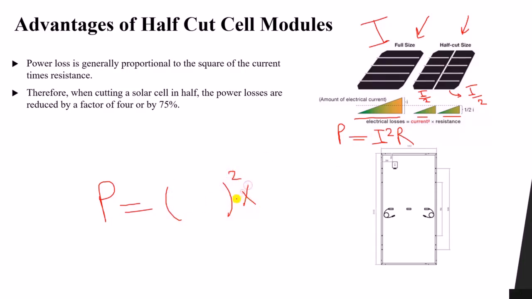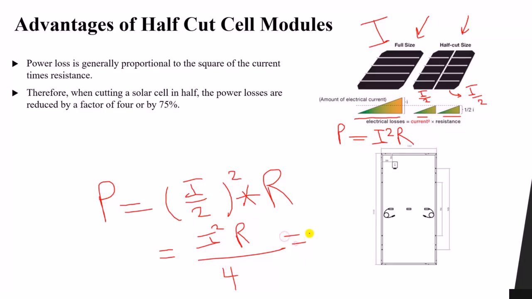So in the second case, the power of each part is equal to I squared multiplied by the resistance R. Now the current itself is reduced by half, so it will be I over 2, since we have half of the cell. So it means that our power losses will be I squared R divided by 4, or 0.25 of I squared R. So what does this mean?